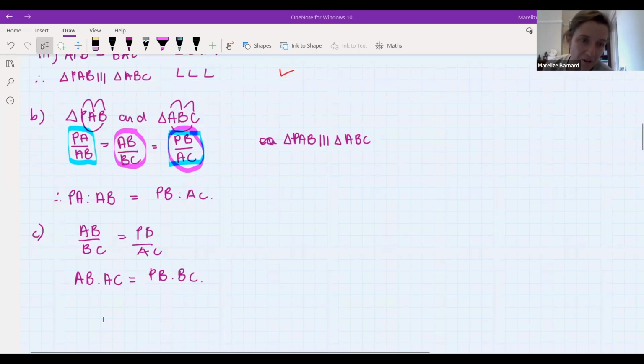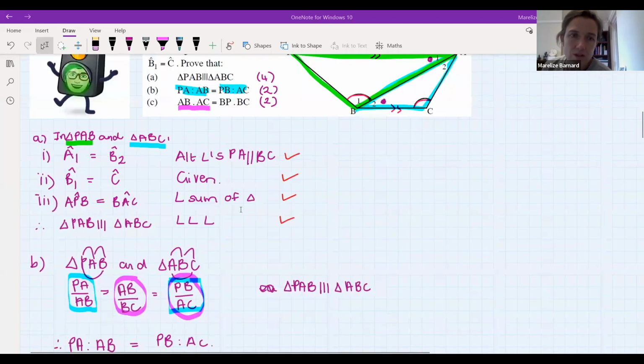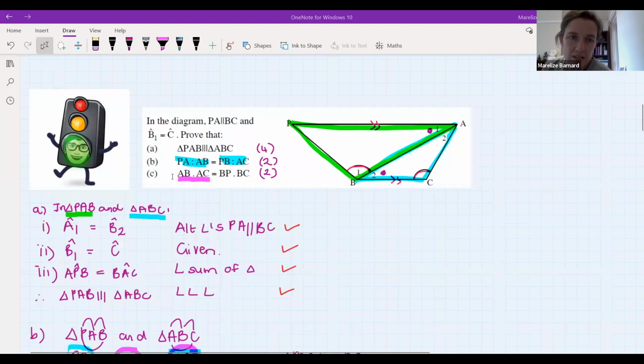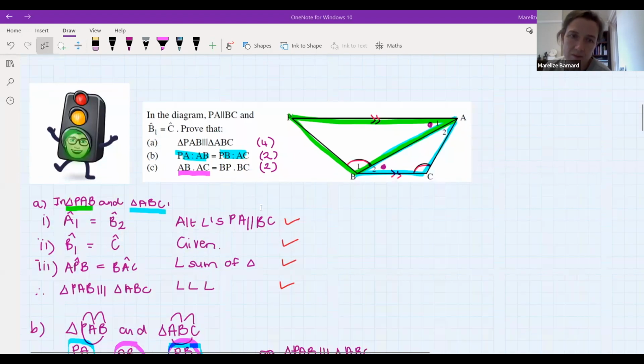Okay, so for C, we get AB over BC equal to PB over AC. We get that from where we set up our sides that are in proportion using our frog face. And the question asked that we needed to prove that AB times AC is BP times BC.